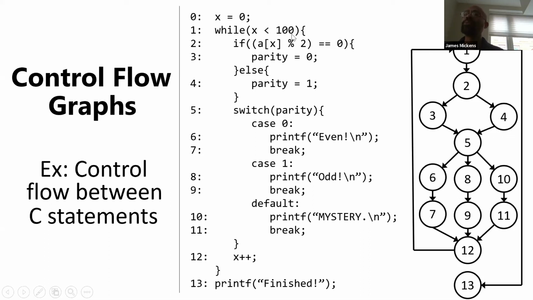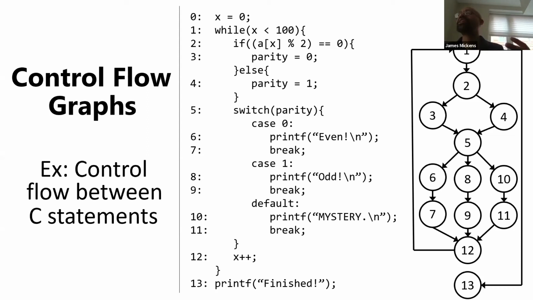So that while loop can either terminate, going all the way to the bottom here, or it can go to the first statement in the body of the loop. So that's the basic idea of a control flow graph at the C statement level.